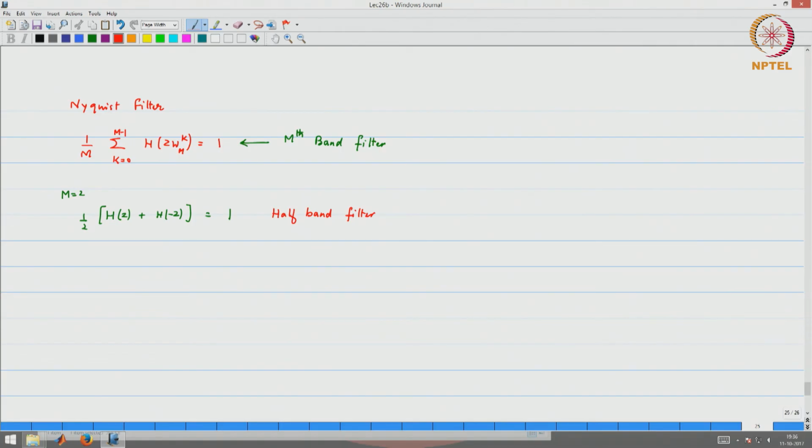Now, that means for a half band filter, when you factorize it, you will get the following form. It will be equal to 1 plus z inverse E1 of z squared, which is of course, take the mth band case, your polynomials, you are dividing this.